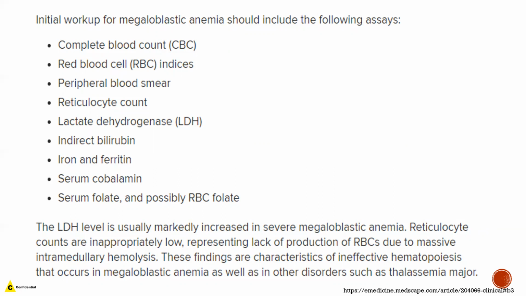The level of lactate dehydrogenase is usually markedly increased in severe megaloblastic anemia. Reticulocyte counts are inappropriately low, resulting in lack of production of red blood cells due to massive intramedullary hemolysis. These findings are characteristic of ineffective hematopoiesis that occurs in megaloblastic anemia as well as in other disorders such as thalassemia major.